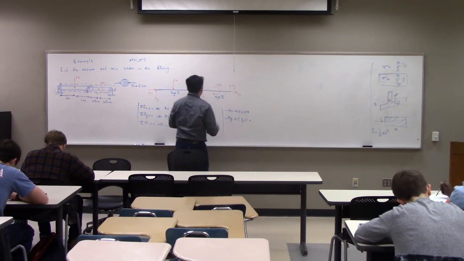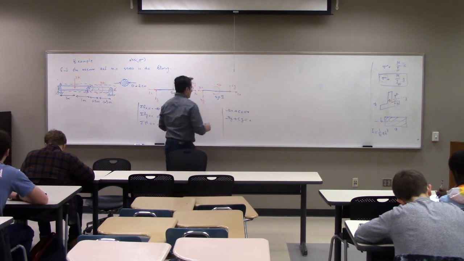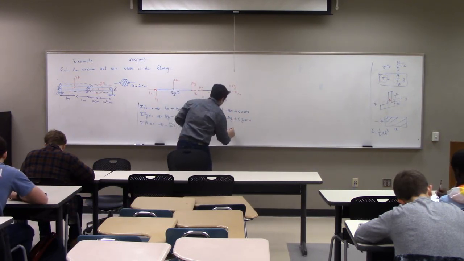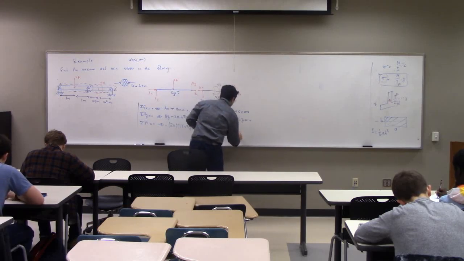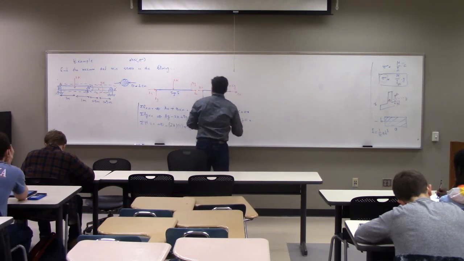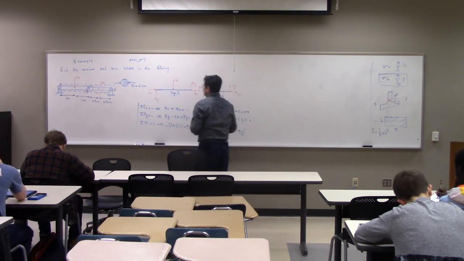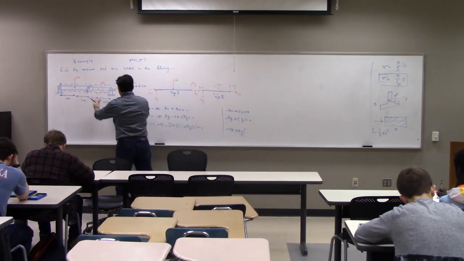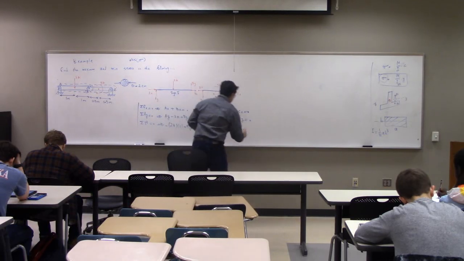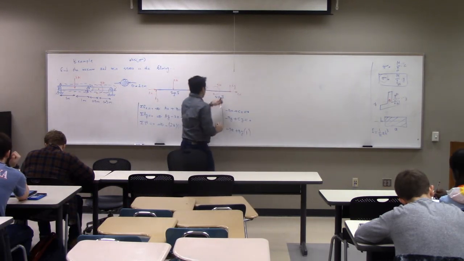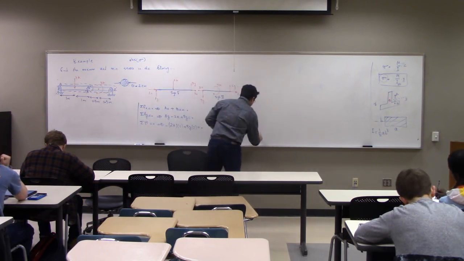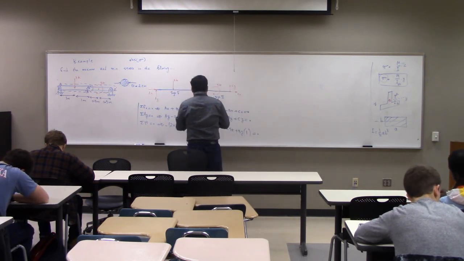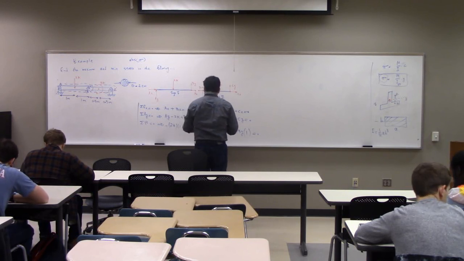And summation of moments over any point, I take C. Therefore, you take negative 5K plus BY times this distance, which is 1, negative 5K plus BY times 1 is equal to 0. What equation should I solve first?